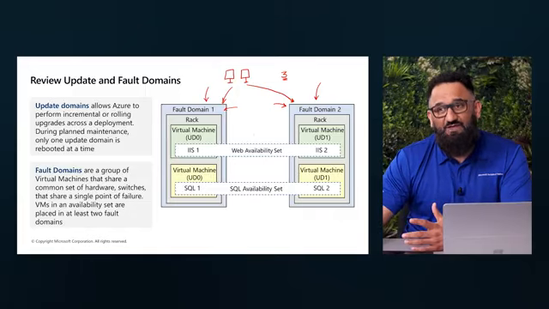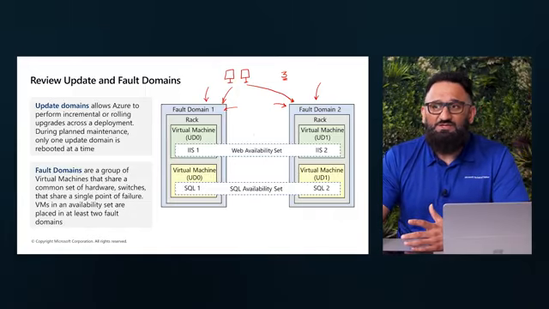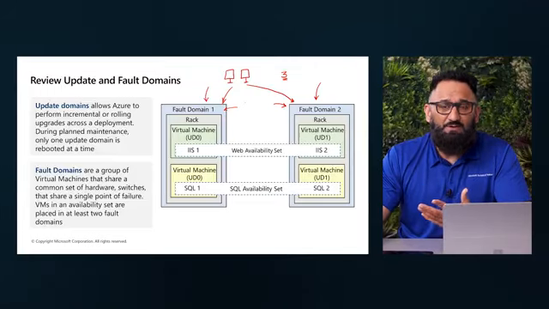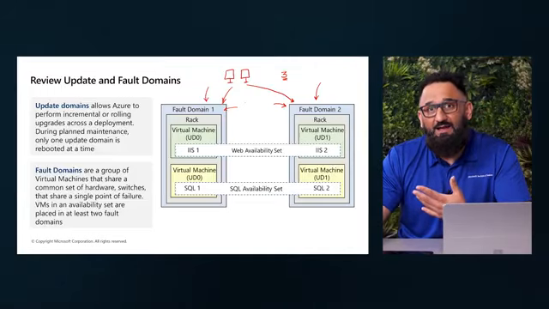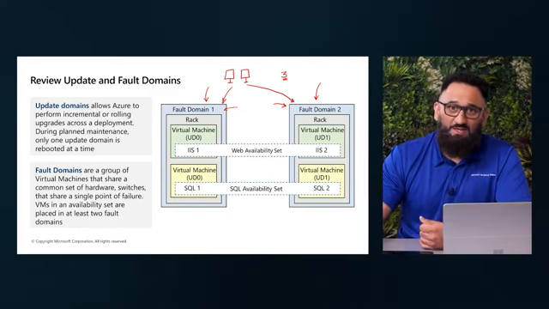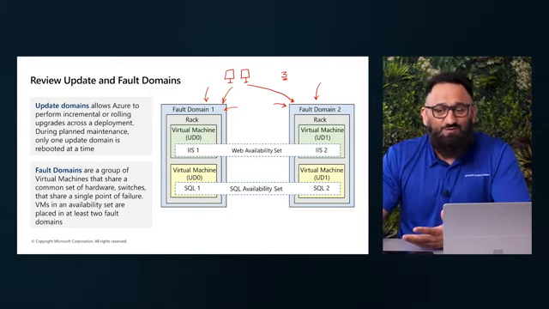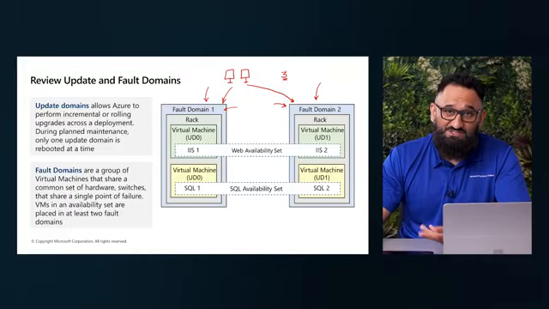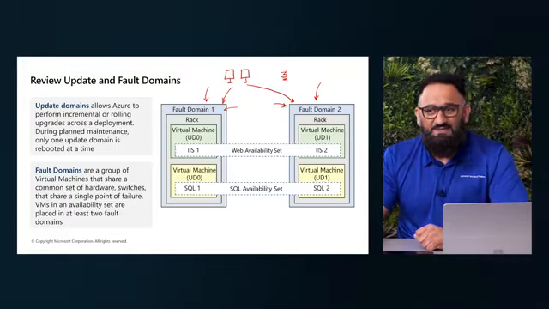Again, if there was an issue with one of them, I should still have access to the other resource, so it becomes highly available for me as compared to a single resource that could have higher chances of downtime in our environments.